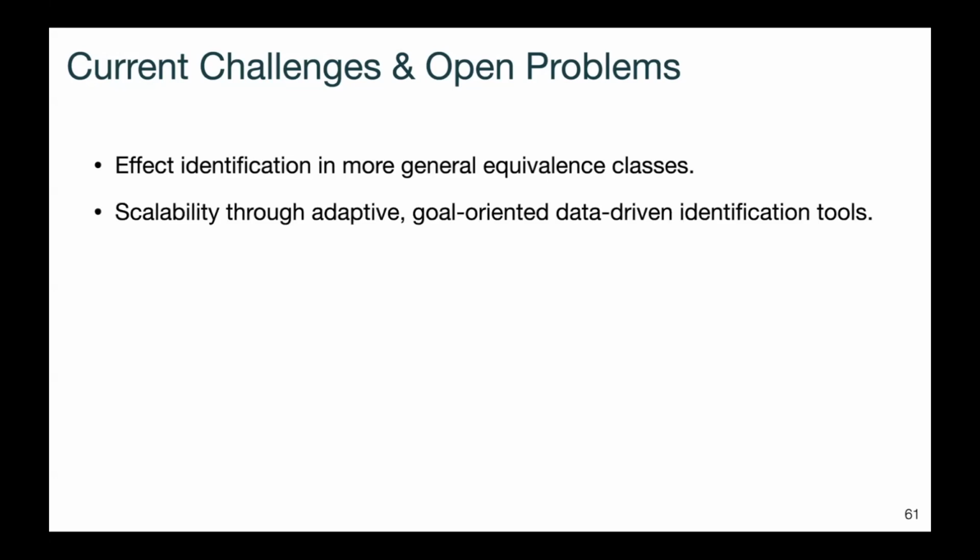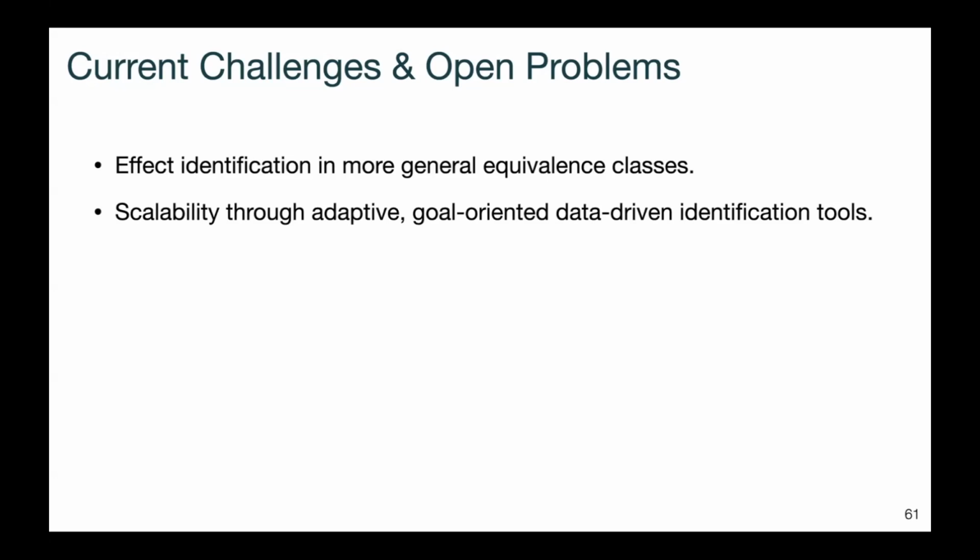Scalability is always a problem. How can you do identification without learning the entire graph or constructing the entire causal diagram? Sometimes you're just interested in one edge. Why do I need to learn the full graph to have just the effect of one edge? Maybe I can construct the graph in an adaptive way or have approaches that are more goal-oriented.